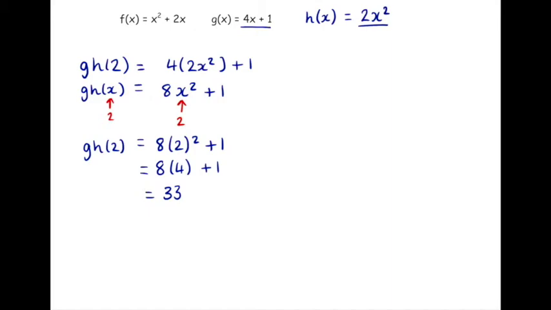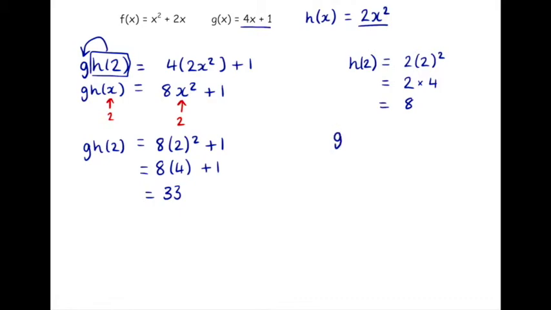The other way of doing this is to say, let's look at h of 2, because that was the first part that I've put inside of my g function. And h of 2 is 2 times 2 squared, which is 2 times 4, which gives me 8.